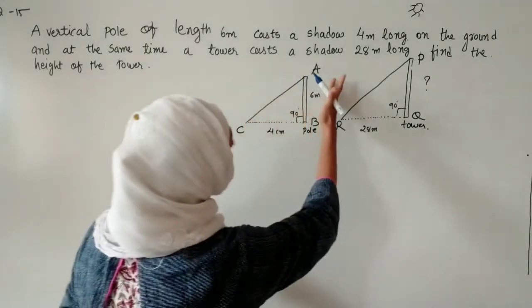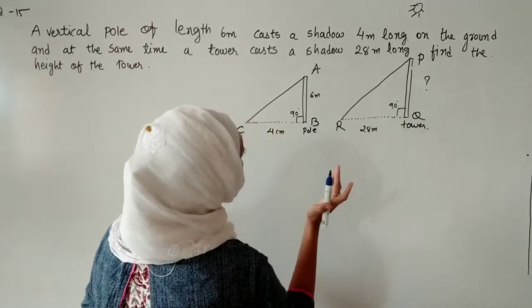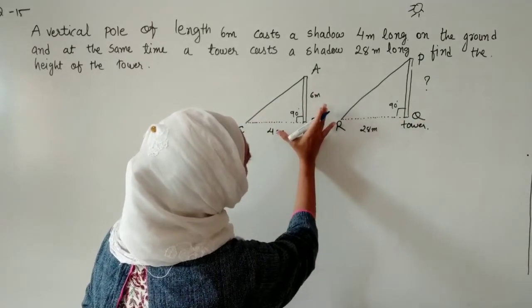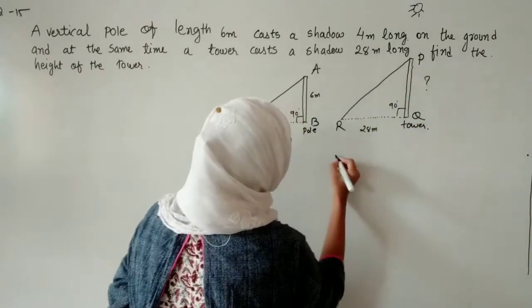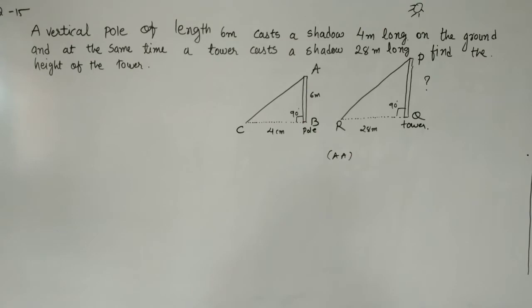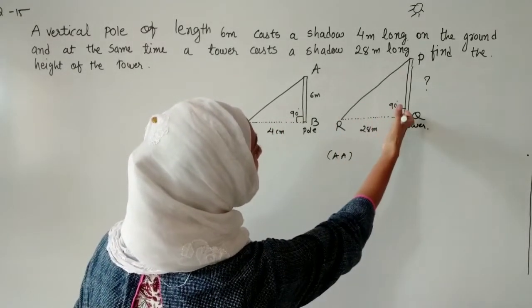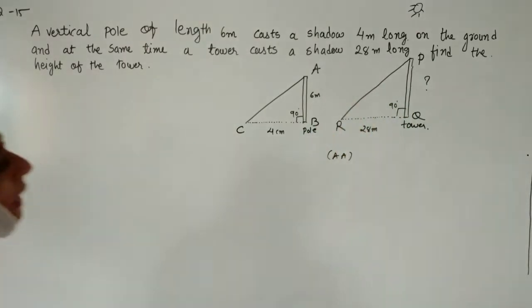Here we cannot use the Pythagoras theorem, because if we use it, AA similarity will not be there. So exercise 6.3 is specially based on AA similarity, and here we have to use AA similarity. Our last exercise will depend on the Pythagoras theorem, where we will say that if the angle is 90, then we can use the Pythagoras theorem.